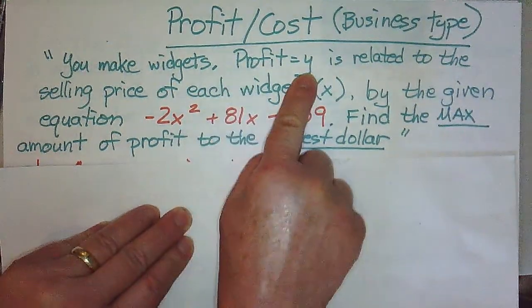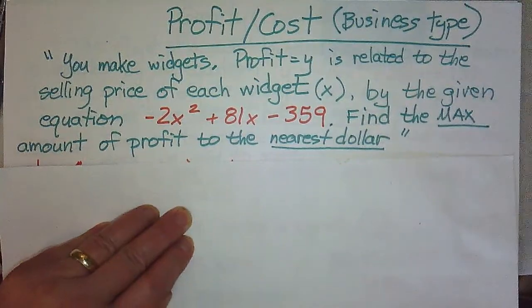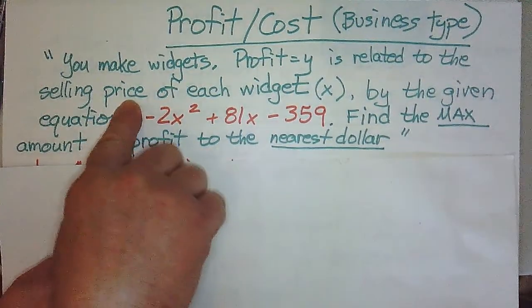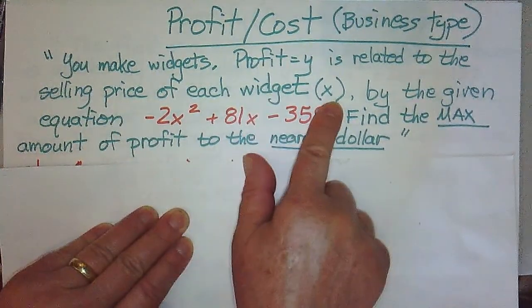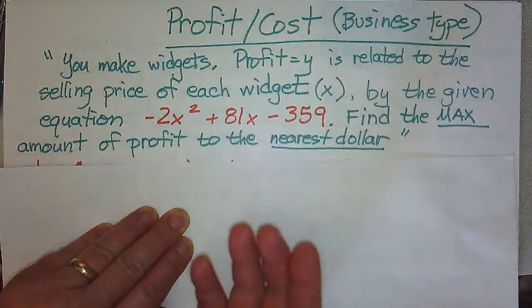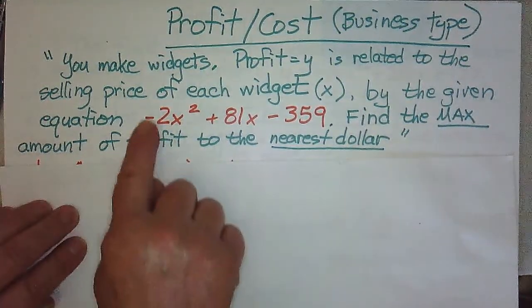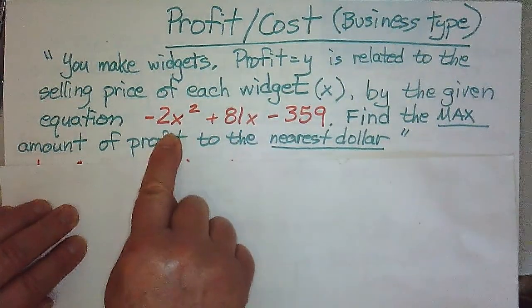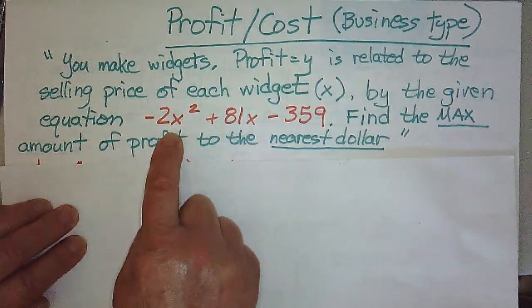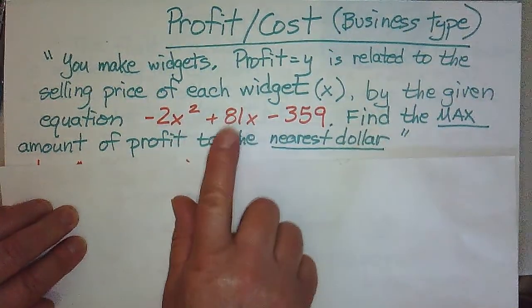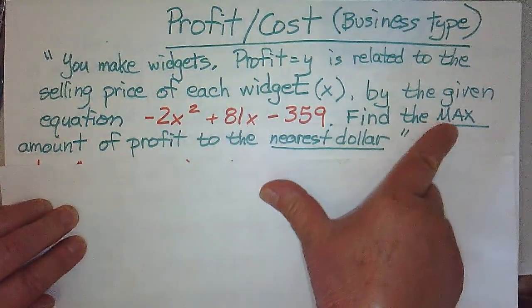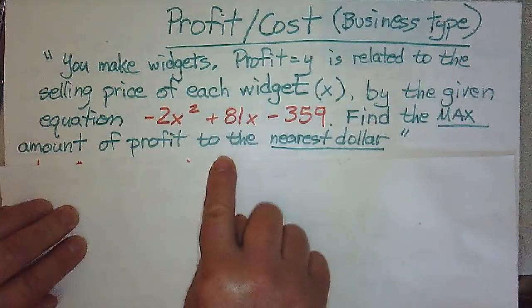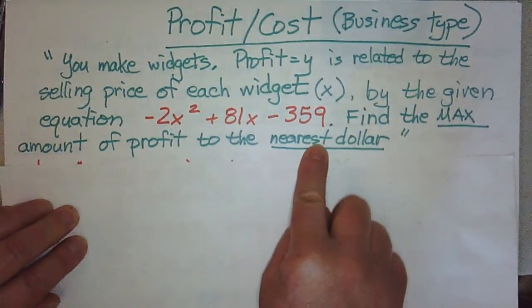Your profit, Y, is related to the selling price of each widget, which is the X. So they're telling you that, okay? And they're giving you the equation, just like I said. So what they want you to find in this problem is the max amount of profit to the nearest dollar.